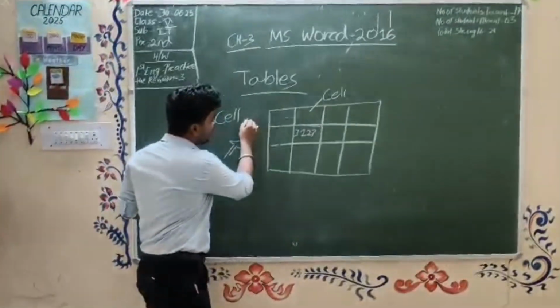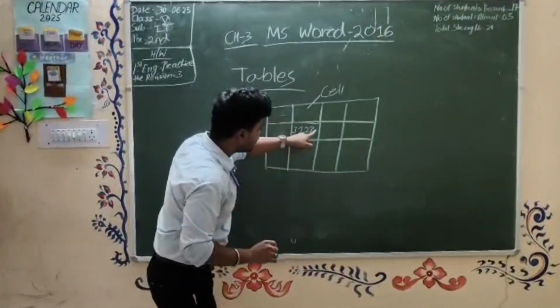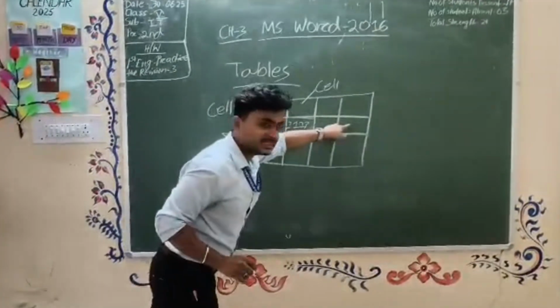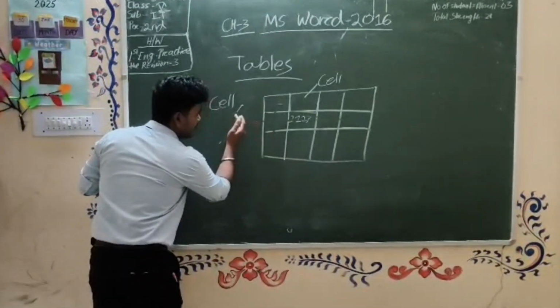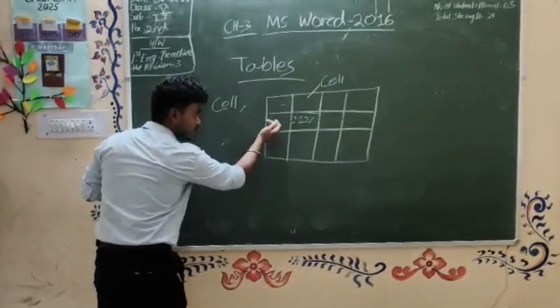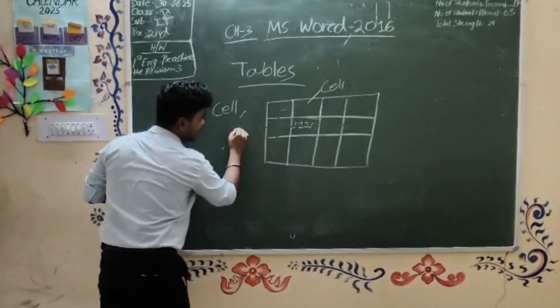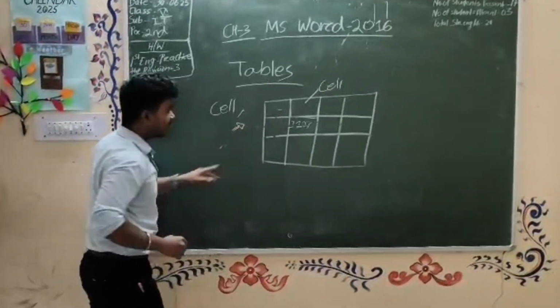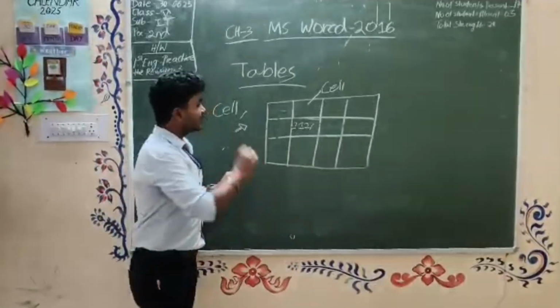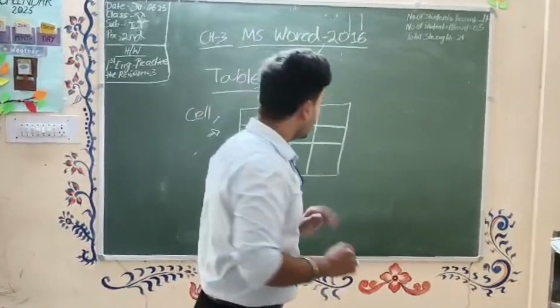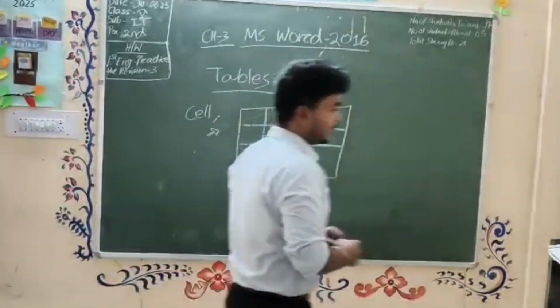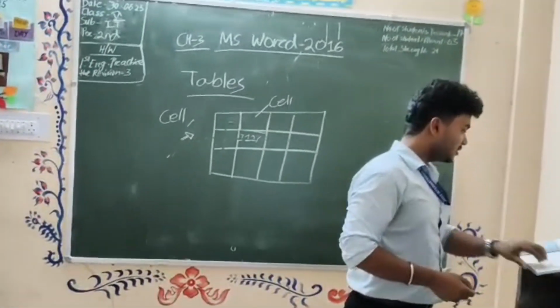Just assume I select this second row. Move the mouse pointer to the left side of that row's margin, then left click on your mouse. Got it?